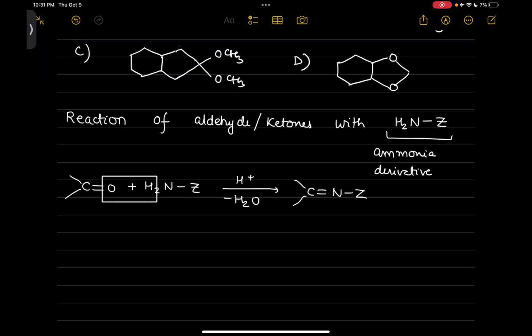Okay, reaction with ammonia derivatives. Collectively, I have called these compounds ammonia derivatives.